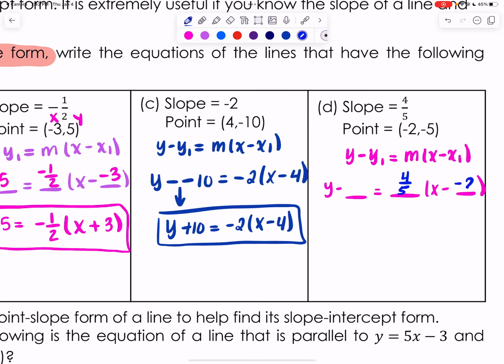The x value of our point is a -2, and the y value of our point is a -5. Now we fix it up to make it look nice and pretty. That minus minus becomes a plus, so now we're dealing with y plus 5. Our slope stays 4/5, and then we get x plus 2 because of that minus minus.